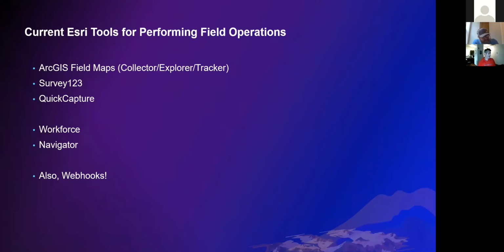We do have a couple of other applications that we plan on migrating into the Field Maps application, Workforce as well as Navigator. We're not going to dive into those too much today because they're still in the process of getting rolled into the Field Maps application. But today we're also going to talk about how we can use webhooks to do some integration.